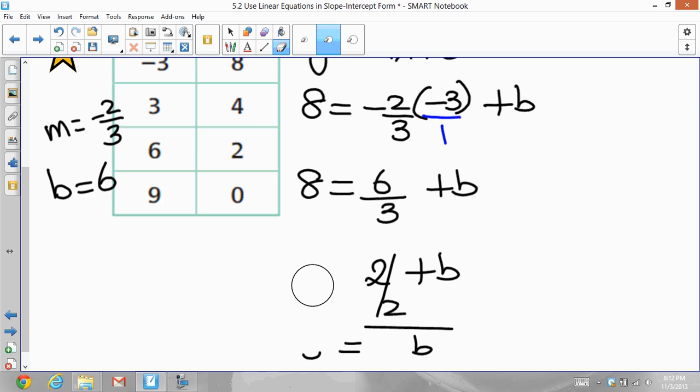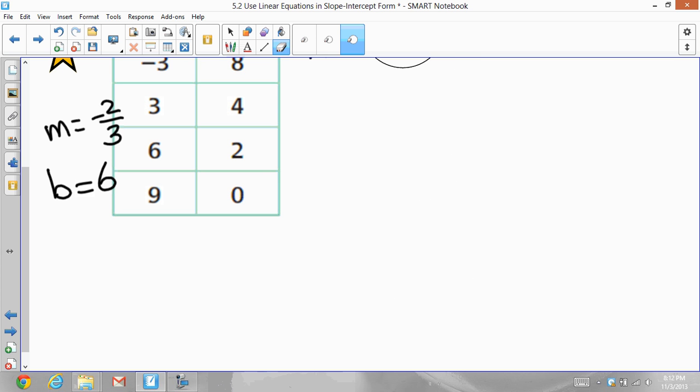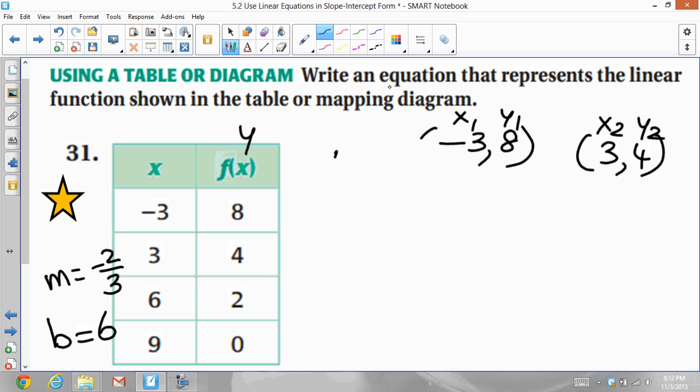So once you got your slope and the y-intercept, all you need to do is write an equation, which is what they are asking you. Write an equation that represents a linear function. So you need to write an equation using these two values.